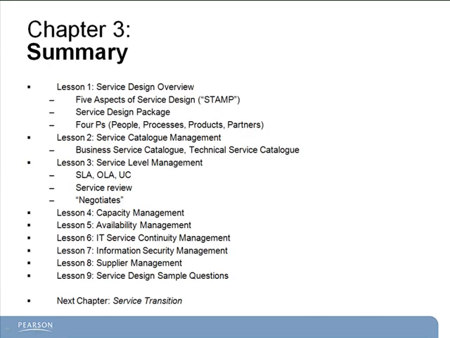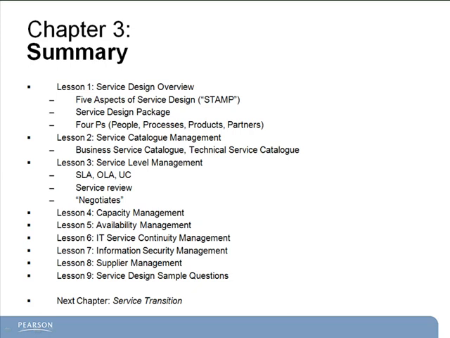Excellent work! You just got through our longest chapter, Chapter 3, which gave you the highlights of the service design book of the IT Infrastructure Library. In Lesson 1, we heard an overview of the service design phase, covering key concepts such as the 5 aspects of service design, which spells out STAMP, the service design package, which is the key output of service design and contains everything service transition will need to build, test, and install the service, and it also contains all of the metrics that service operation will need to measure the service once it goes live.